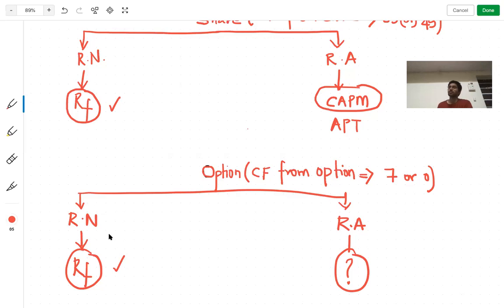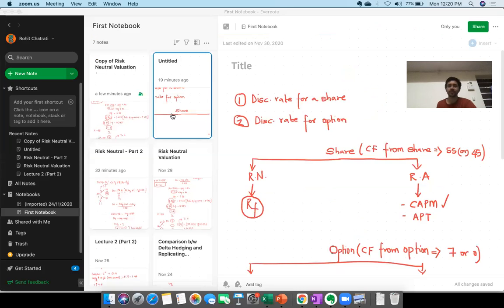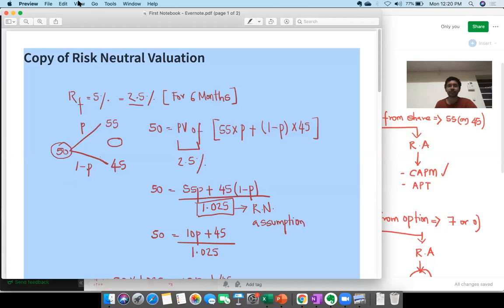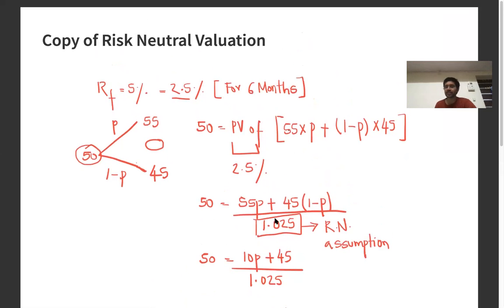But when we assume risk neutrality, we have a convenience that the required rate of return is nothing but the risk-free rate of return. So what I'm basically trying to say is that we would not have faced the roadblock at this step, even if we would have not assumed a risk neutral investor. That is, even had we proceeded assuming ourselves to be a risk averse investor, we would have continued with this step.